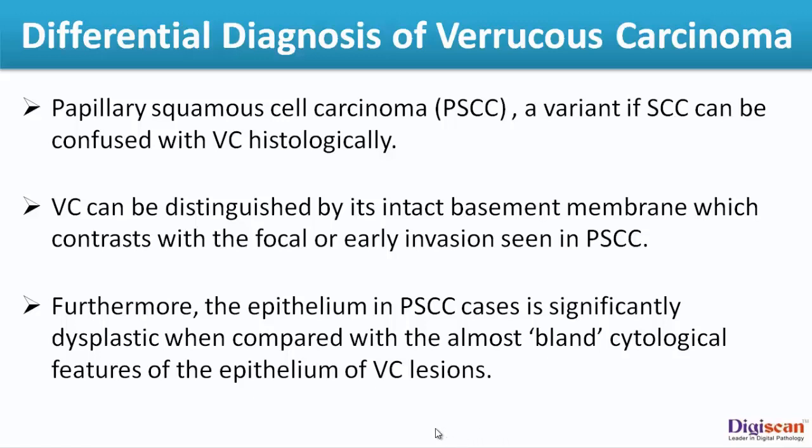Verrucous carcinoma can be distinguished by its intact basement membrane, which contrasts with focal or early invasion seen in papillary squamous cell carcinoma. Furthermore, the epithelium in papillary squamous cell carcinoma cases is significantly dysplastic when compared with the almost bland cytological features of epithelium of verrucous carcinoma lesions.